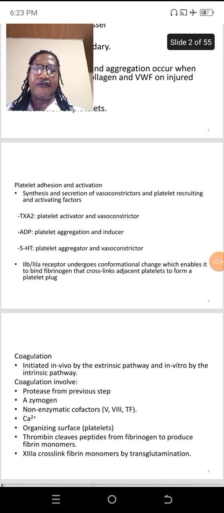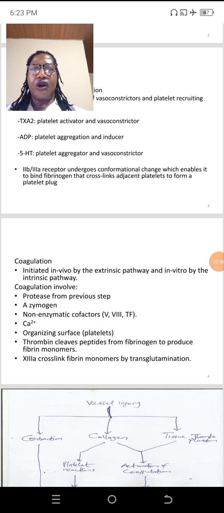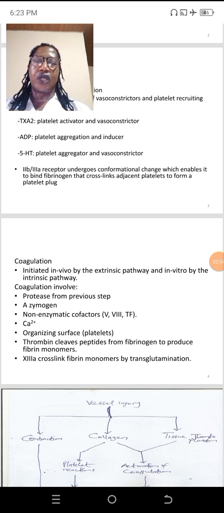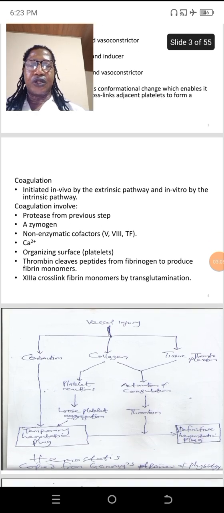Simultaneously with these events, there will be activation of the coagulation cascade. And when we talk about the coagulation cascade, you remember there's the extrinsic pathway, there's the intrinsic pathway, and then we also should remember that both of them coalesce at the common pathway.